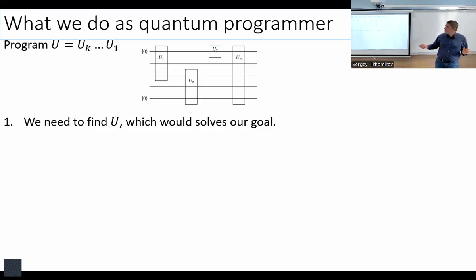First, we need to find, on paper, in our brains, an operator U which would solve our goals. I mean, we write a program to achieve something, so we need to find a unitary operator which would help us.